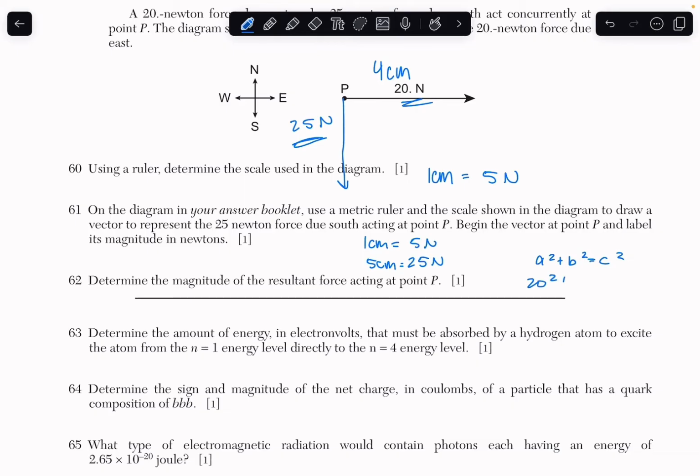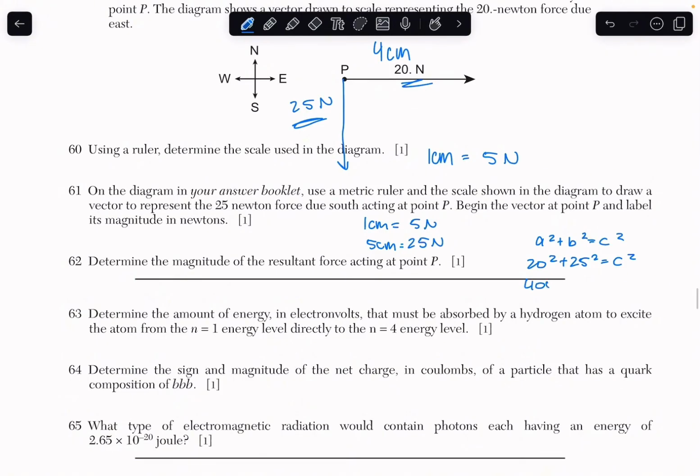So 20 squared plus 25 squared equals c squared. C is our resultant. So 400 plus 625 equals c squared. After you finish that math, you're going to get c, or the resultant, to equal about 32 newtons.